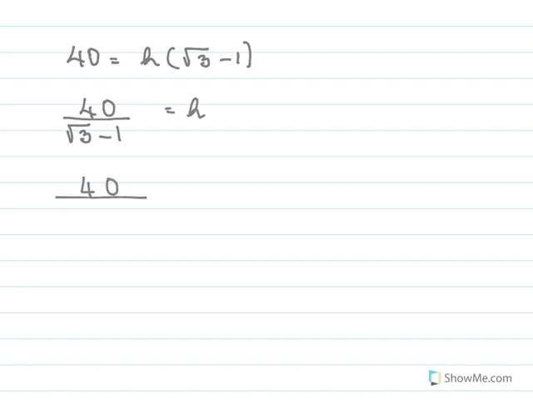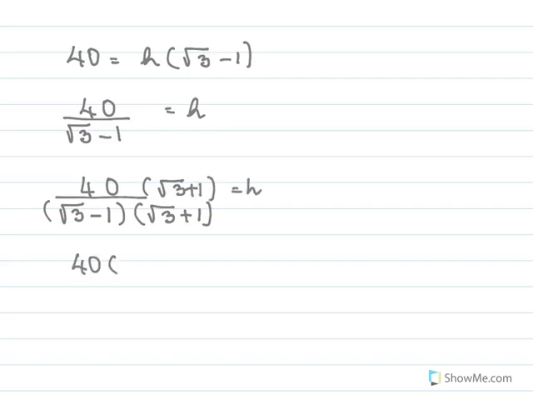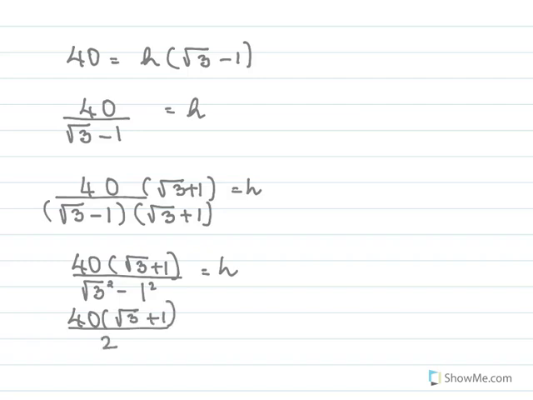Rationalize with root 3 plus 1: 40 root 3 plus 1 over a square minus b square, which is 2, so we cancel. 20 root 3 plus 1 equal to H.